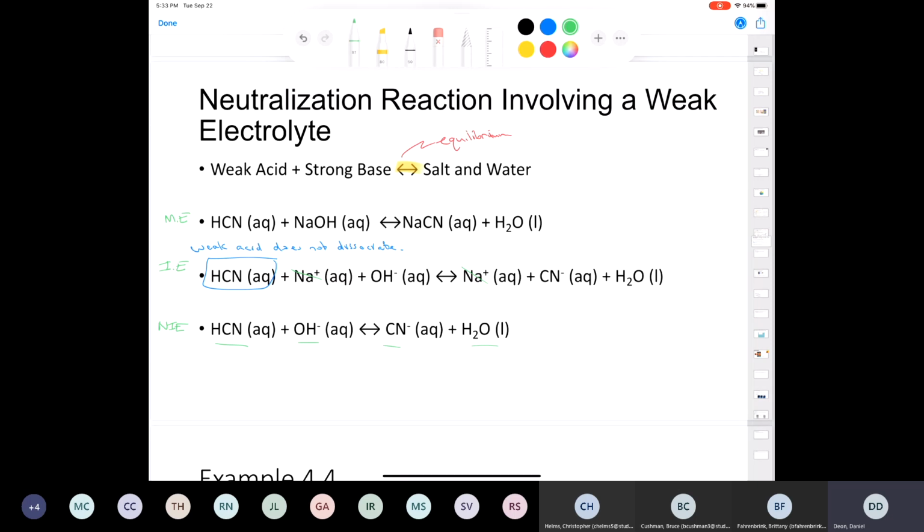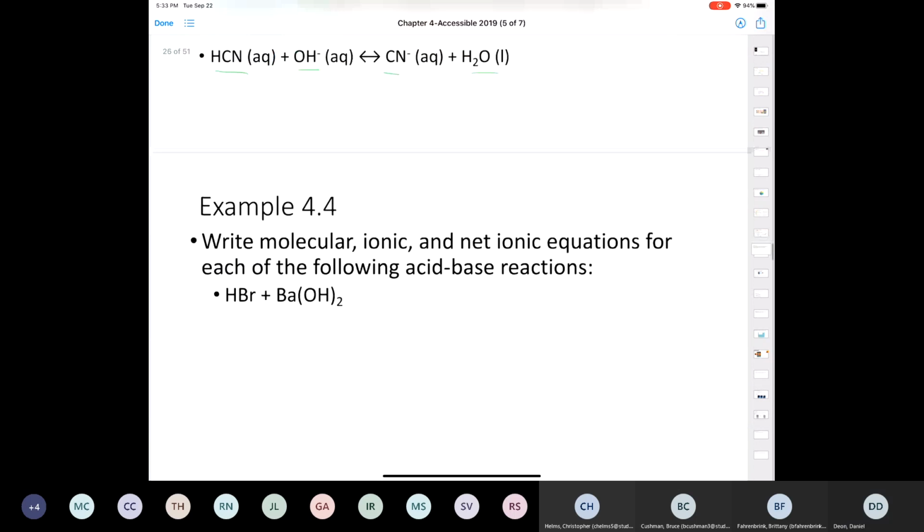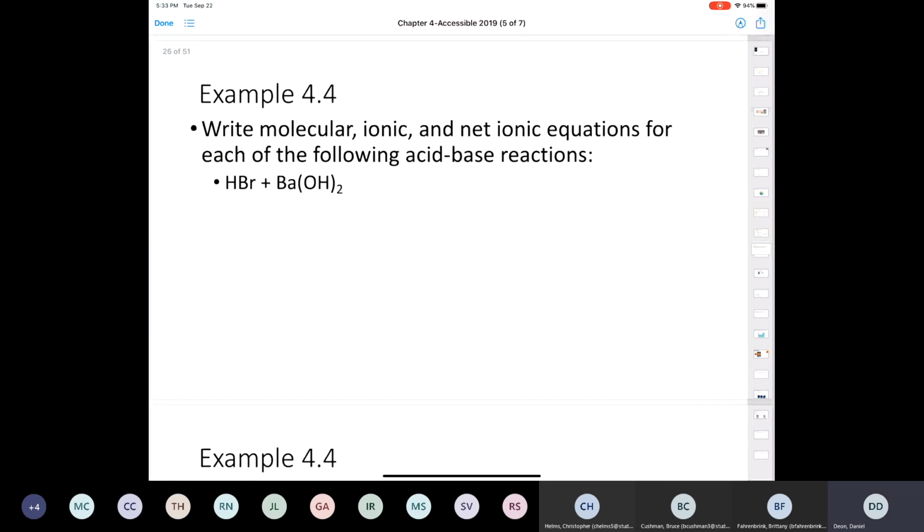All right, let's try another example. It says here, write molecular, ionic, and net ionic equations for the following acid-base reactions. Well, there's only one of them, so for this acid-base reaction, we have hydrobromic acid plus barium hydroxide. Could anybody tell me what the ionic compound that you would form from this reaction would be?